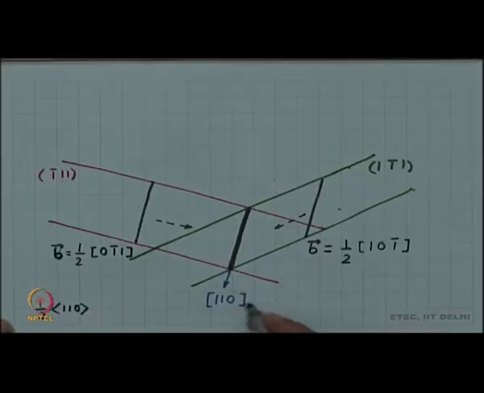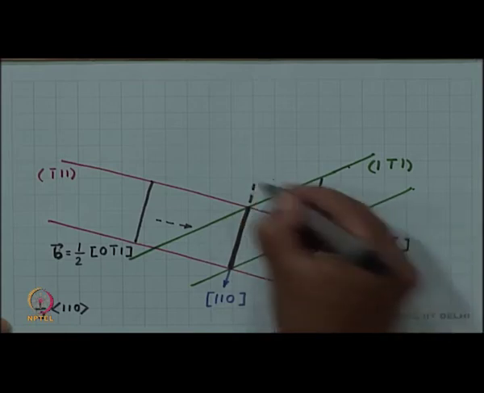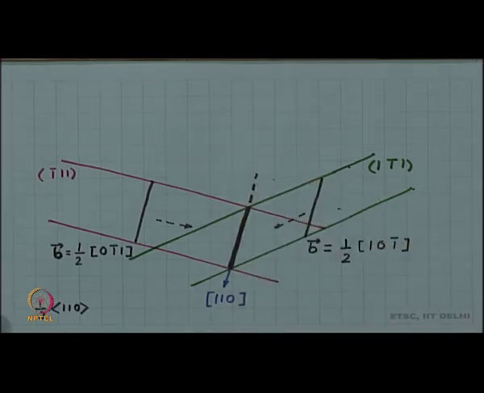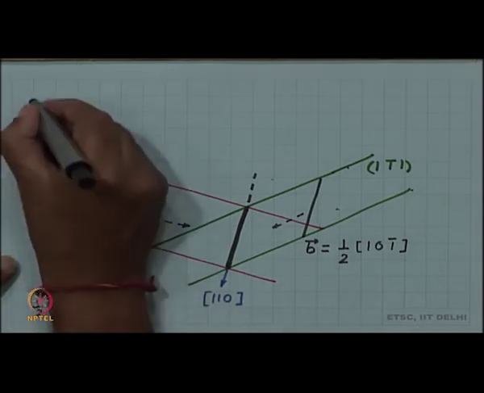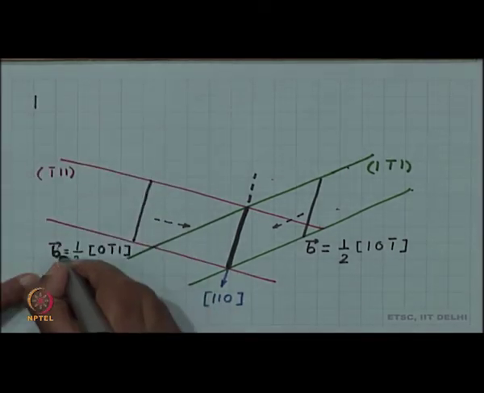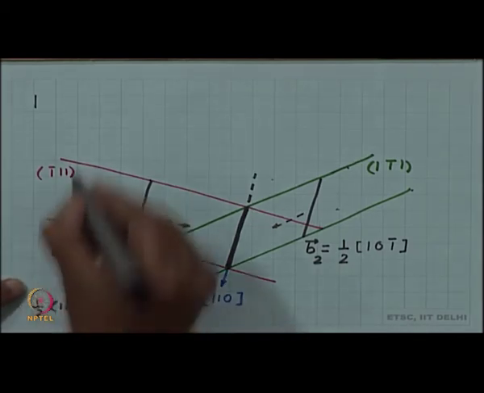First, let us find the Burgers vector of this composite dislocation. So, we know that the Burgers vector of a dislocation which is produced by a combination of two dislocations is the sum of the two Burgers vectors. So, let me call this b1, call this b2.